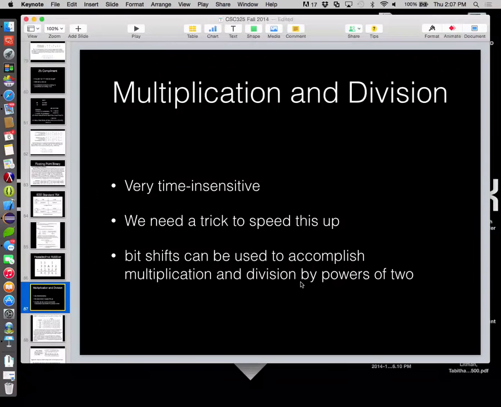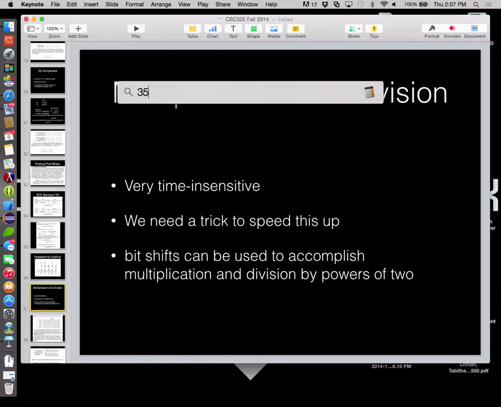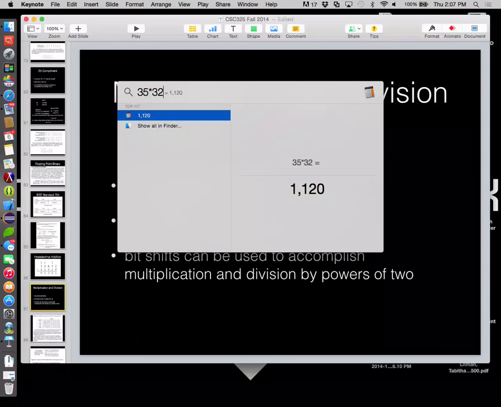So 35 times 32 is 1,120, divided by 8 would be 140 bytes. 140 bytes to multiply two 32-bit numbers together.